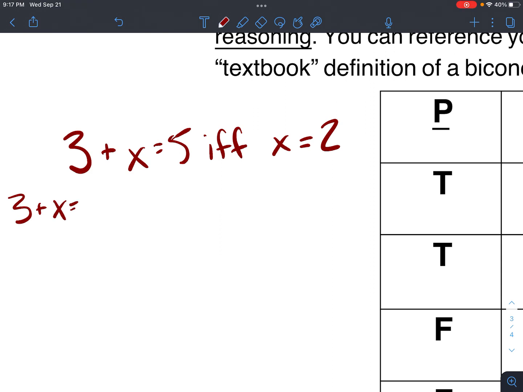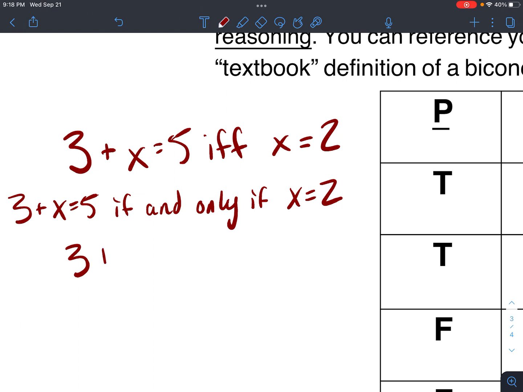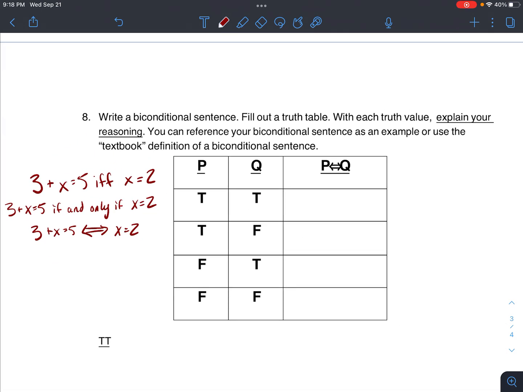So we could also write this 3 plus x is equal to 5 if and only if x is equal to 2, or one more way, 3 plus x is equal to 5, this double arrow, x is equal to 2. So I've given you 3 ways to write it. So this is our biconditional that we're going to use.